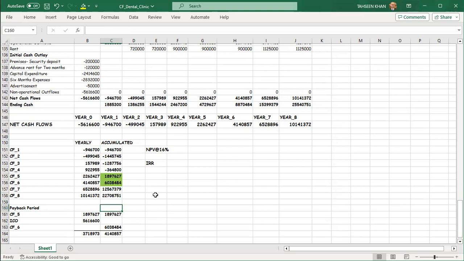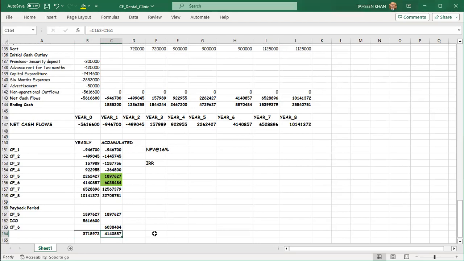What's the exact value of payback period? We have the base year. We have considered base year as fifth year. Here we have the figure for the base year for both cases. Here we have taken the difference from our initial investment, that comes to 37,18,973.